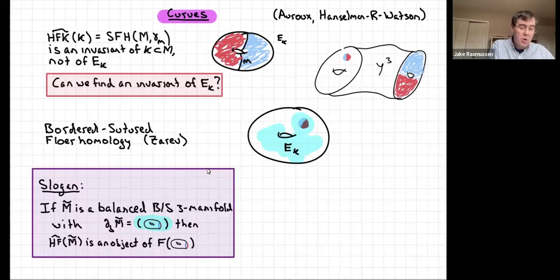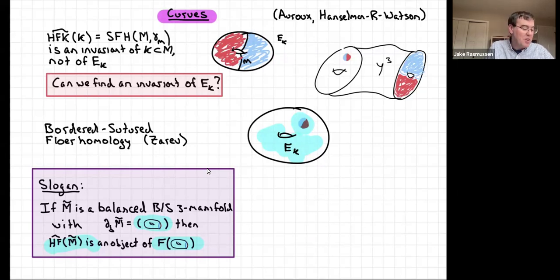If the bordered boundary looks like that, then the Heegaard-Floer homology of that object is an object of the Fukaya category of that punctured torus, stopped along the blue part. Now, of course, I have to tell you what it means to be an object of the Fukaya category of the punctured torus.